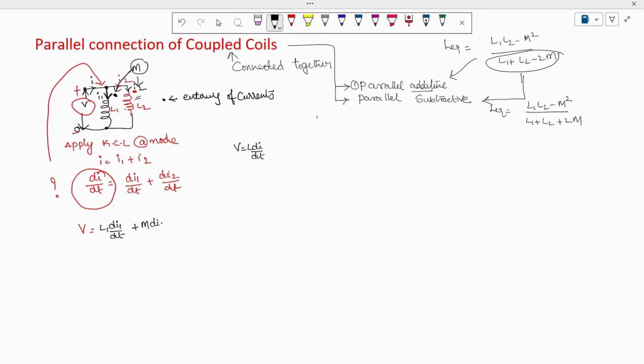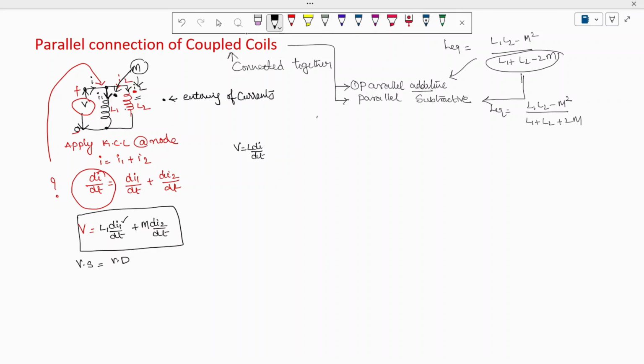How to write it with polarities: I'm writing in the form of KVL. Voltage sources equal voltage drops. The voltage source is V, and the drop is L di by dt due to the I1 current. The mutual inductance drop is due to the current I2.